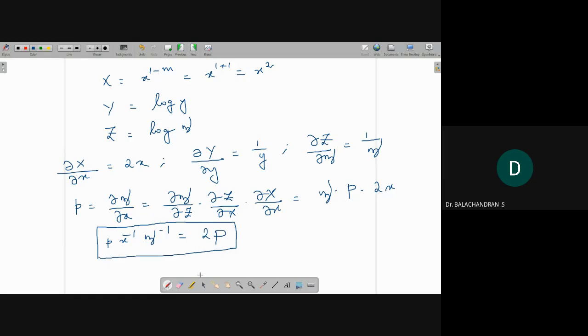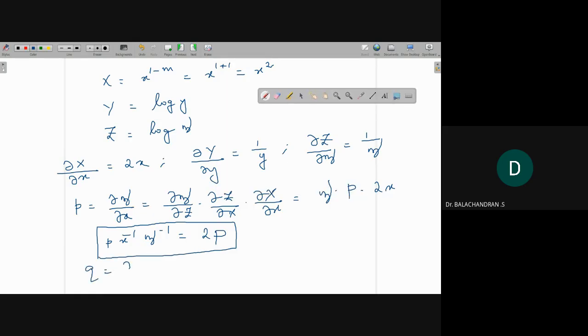Similarly, q. Q is equal to dou z by dou small y. So dou z, again we multiply by capital Z and divide by dou capital Y, multiplied by dou capital Y by dou small y, which is 1 by y. Again the reciprocal of this is z.